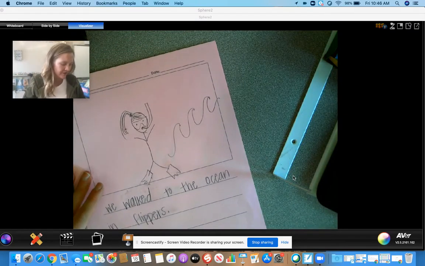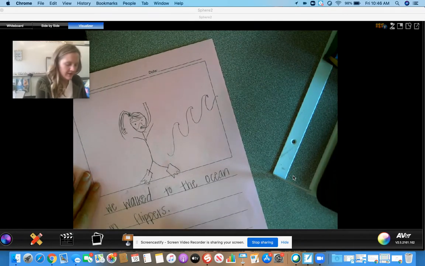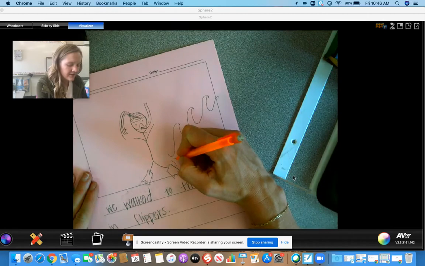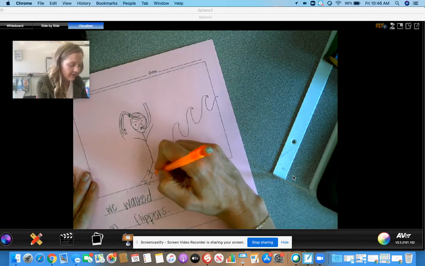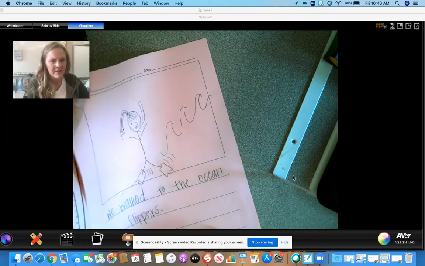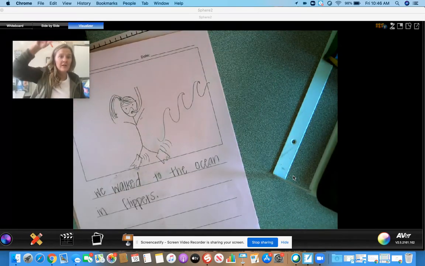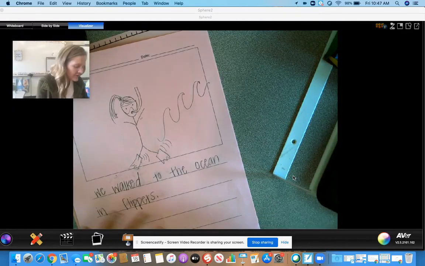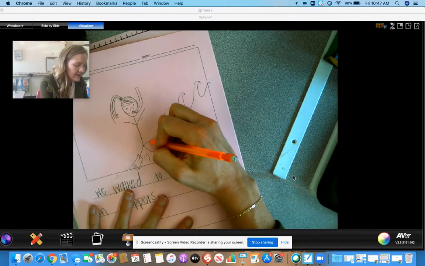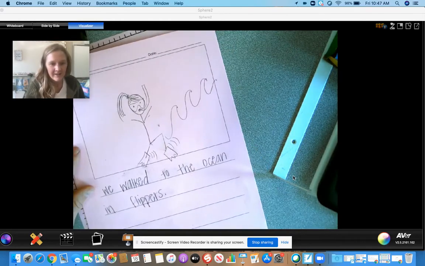So on this page, it says, we walked to the ocean in flippers. Okay, well, I'm going to add these little things that make it look like I'm flopping around. When you walk in flippers, I don't know if you've ever done it, it's really hard to walk. You kind of have to lift your legs up really high and flop them down. So I might even draw my knee up really high because I'm flopping my knee down as I'm walking, okay?